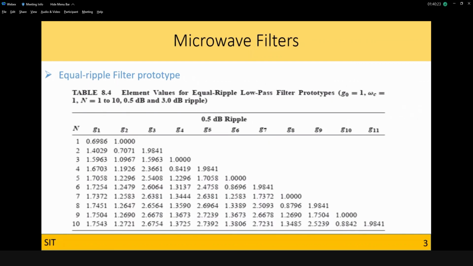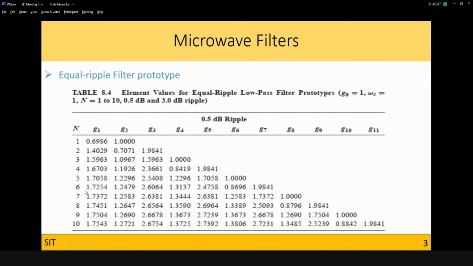And this is for the equal ripple filter. Frequency 1, n equal to 1 to 10, and the ripple level is 0.5 dB here. For the 0.5 dB ripple level we are going to take this value. You can see again the variation from 1 to 10 filter order.